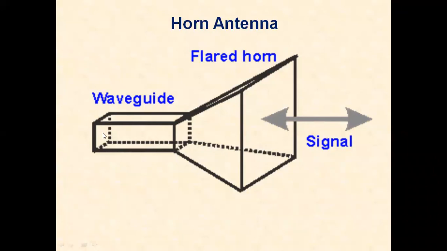Apply the signal through this waveguide by total internal reflection. It passes through the other end of the waveguide, and then this signal couples into the space. The matching of this impedance with the space impedance is done due to the flared horn here. Thereby the signal is radiated or escapes into the space.